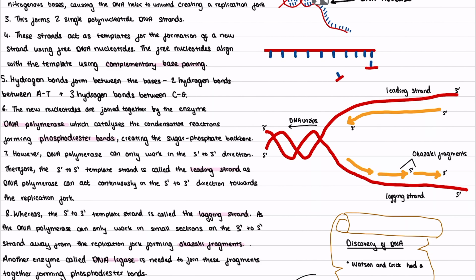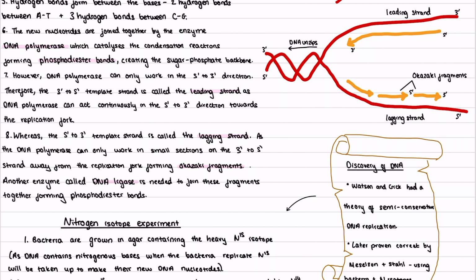Hydrogen bonds form between the bases, so 2 hydrogen bonds can form between adenine and thymine, and 3 hydrogen bonds can form between cytosine and guanine. The new nucleotides are joined together by the enzyme DNA polymerase, which catalyzes the condensation reactions, forming phosphodiester bonds, creating the sugar phosphate backbone. However, DNA polymerase can only work in the 5' to 3' direction.